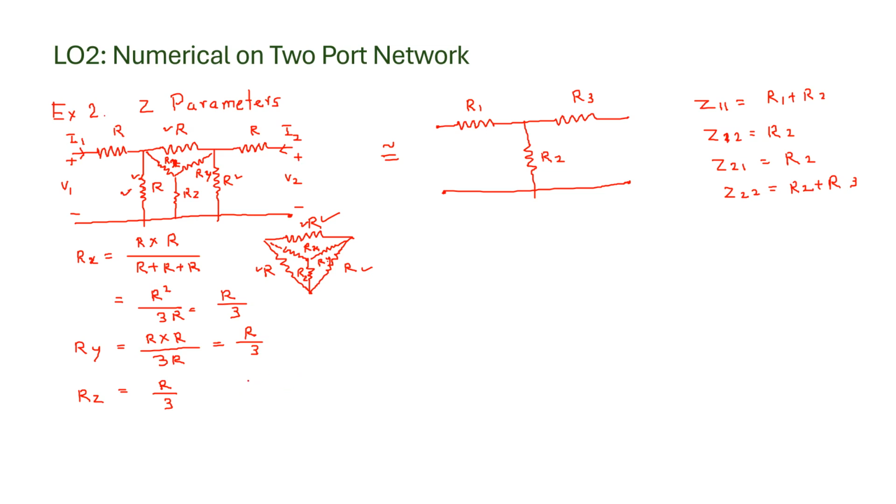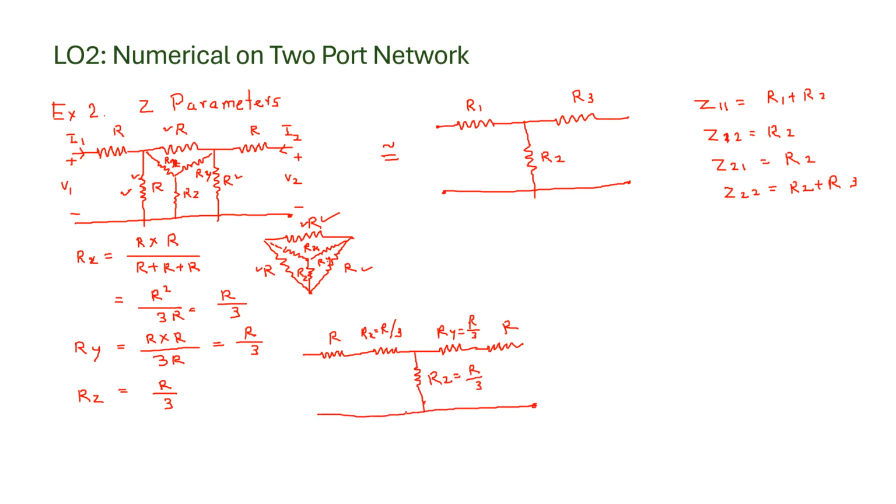So now how will your circuit look when you convert this delta to star? Your circuit will look like this. This is the R resistor, and then we have R by 3. This is Rx, which is equal to R by 3. Then we will have Ry, which is equal to R by 3. Then we will have one more R, and here this is Rz, which is equal to R by 3.